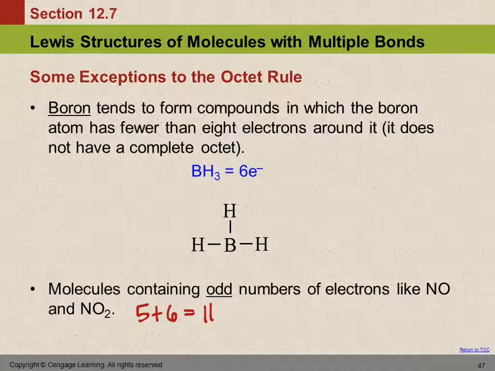You can't arrange those in pairs. So you can't have the octet rule be perfectly satisfied. There's no way. And NO2 is also odd. It's going to be 5 plus 2 times 6, or 17. Again, an odd number. There's going to be an odd electron somewhere. So just know that those exist.